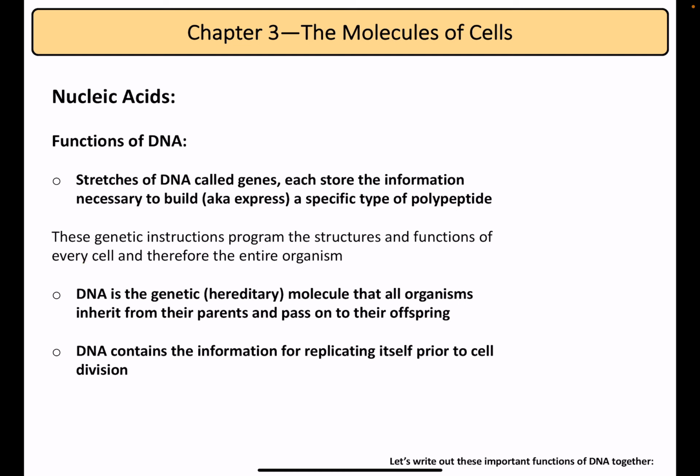Then we can also say DNA is also considered a hereditary molecule. It's the molecule of inheritance. It is the molecule that a parent physically passes on to their offspring, right? You don't give your child a nose. You don't give your child hair. You don't give them blue eyes. You don't give them proteins.